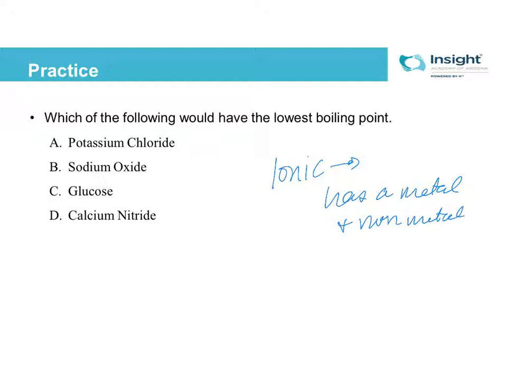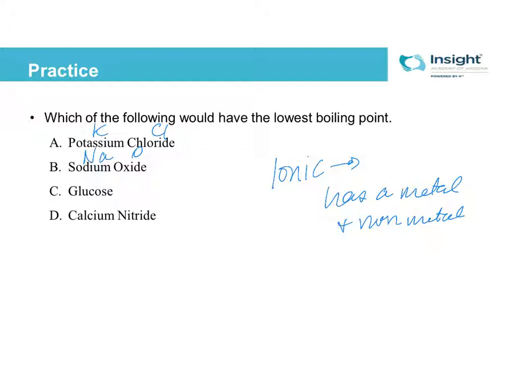We know these names. We know potassium chloride. That kind of matches our ionic naming. Potassium is a metal. Chlorine is a nonmetal. Cool. Sodium oxide. Sodium's a metal. Oxygen's a nonmetal. Glucose. I know that's a sugar. I'm hoping you guys know that too. You may or may not remember its formula. Let's say we don't remember its formula.